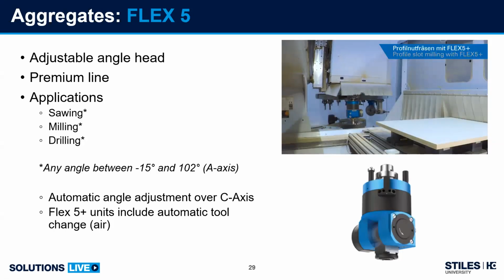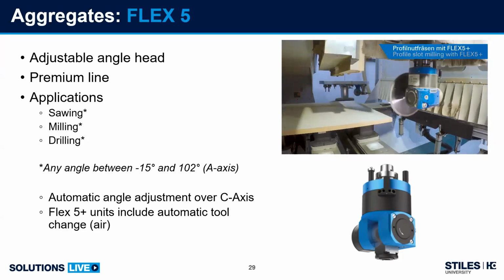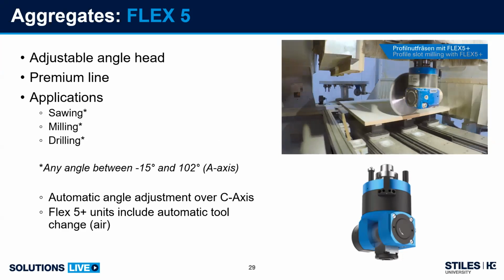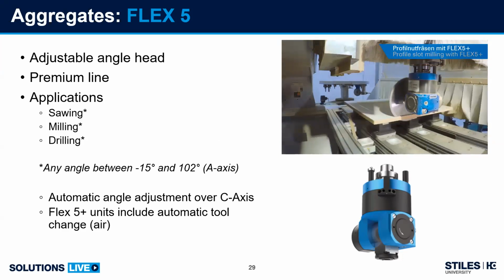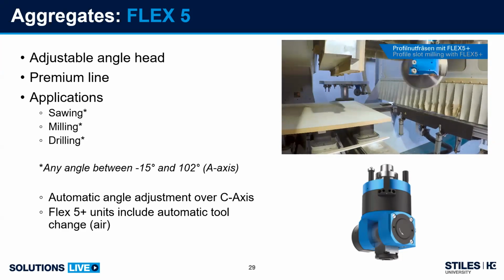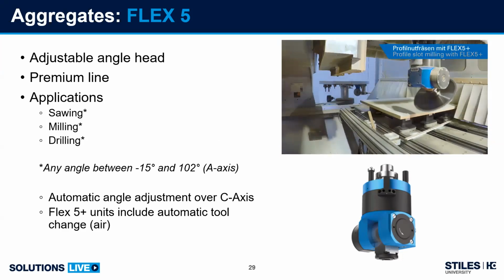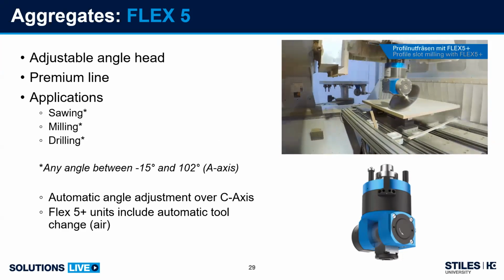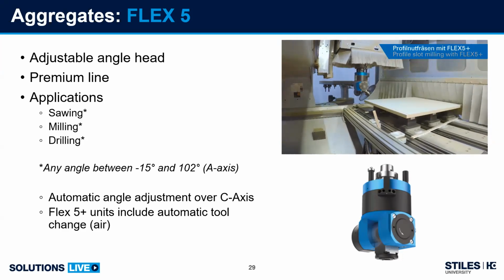And we'll close out our quick run through on some of the aggregates with the Flex 5 unit. Flex 5 is probably the most name recognizable unit that we have. Made a lot of noise with this one earlier, around 2010 is really when this started coming into prominence. As you can see through the video, we're going to get a lot of the same aspects and applications out of this unit that we would with the Flex D that we took a look at.